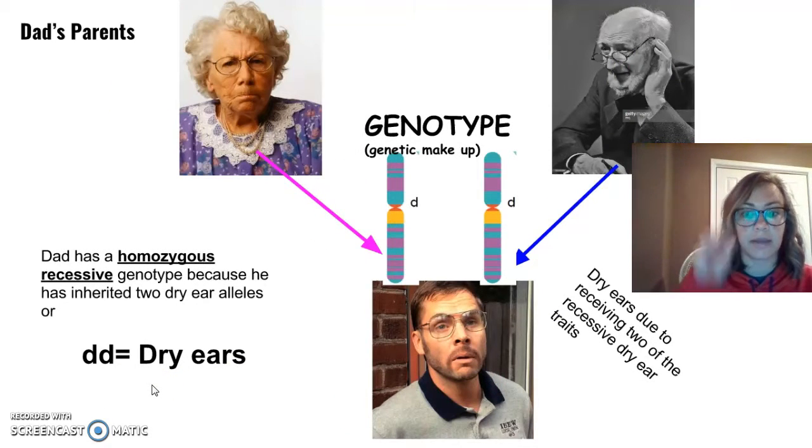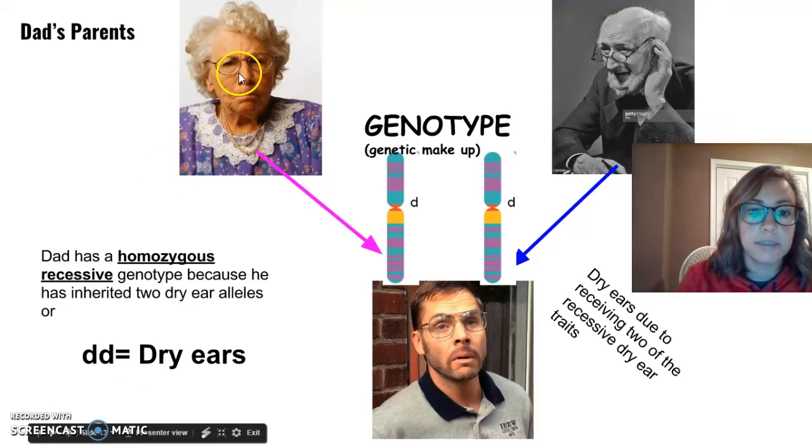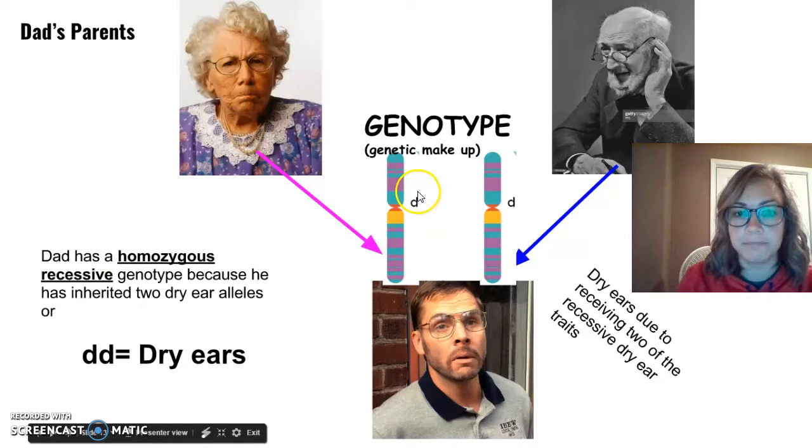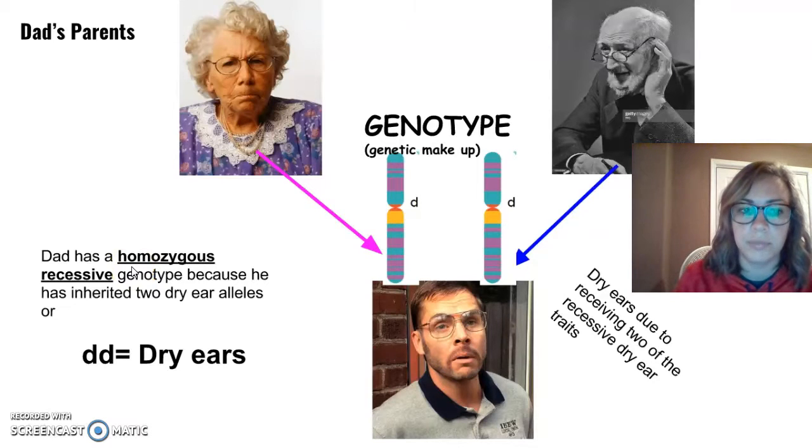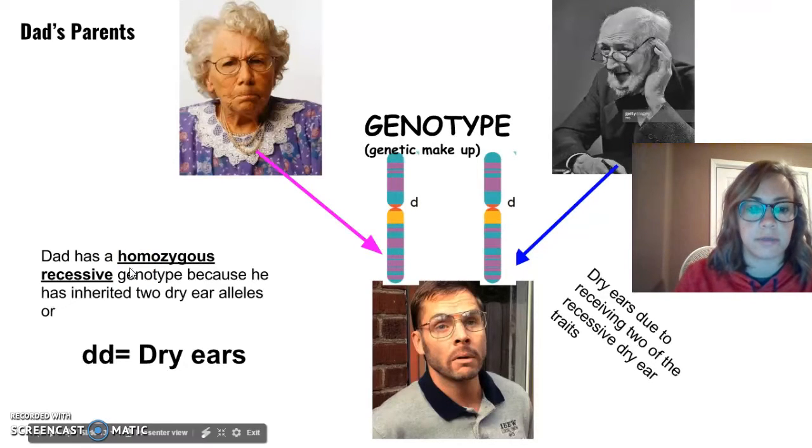Whereas on dad's side, if we check it out here, dad's mom gave him little d, while dad's dad gave him little d. So that makes his genotype, or genetic makeup, homozygous recessive. Say that word to yourself, homozygous recessive.